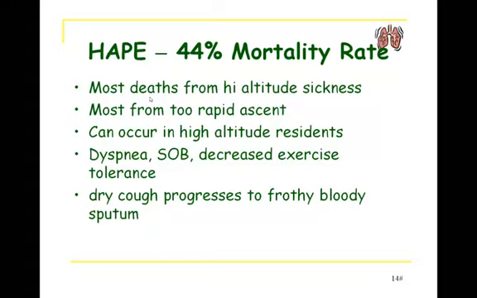With the pulmonary edema, what can happen is they'll have a cough. Eventually the cough becomes productive, and what they're coughing up is a frothy, bloody sputum. What has happened is you get such massive constriction of the pulmonary arterioles.